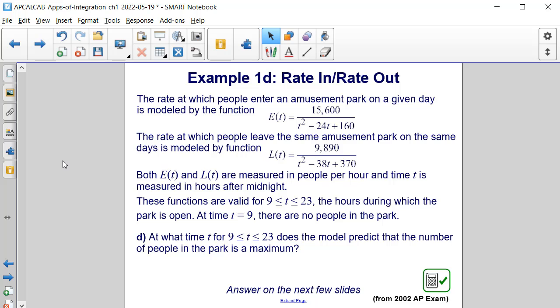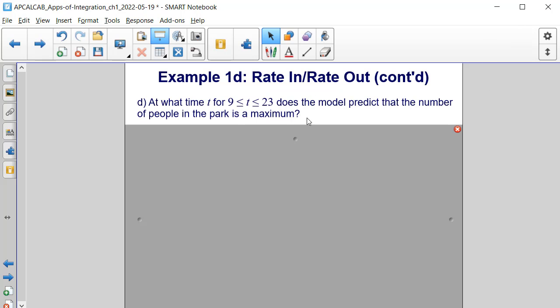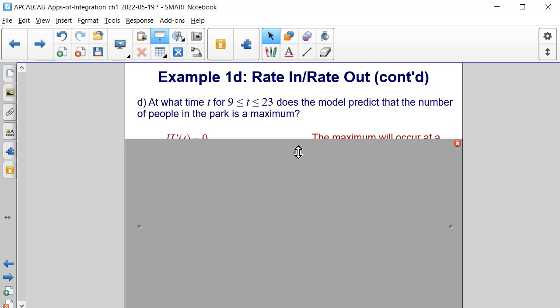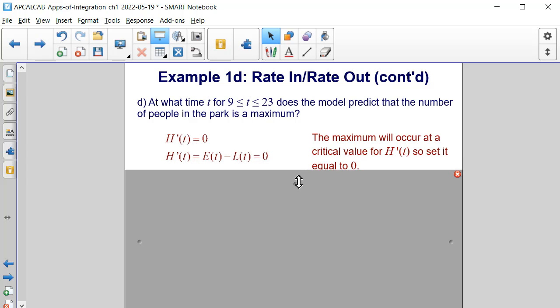At what time t for t values between 9 and 23, including both endpoints, does the model predict that the number of people in the park is a maximum? Well, a maximum usually occurs when the derivative is set equal to 0. Well, we know that h prime of t is equal to e of t minus L of t, and we can set it equal to 0 and solve.